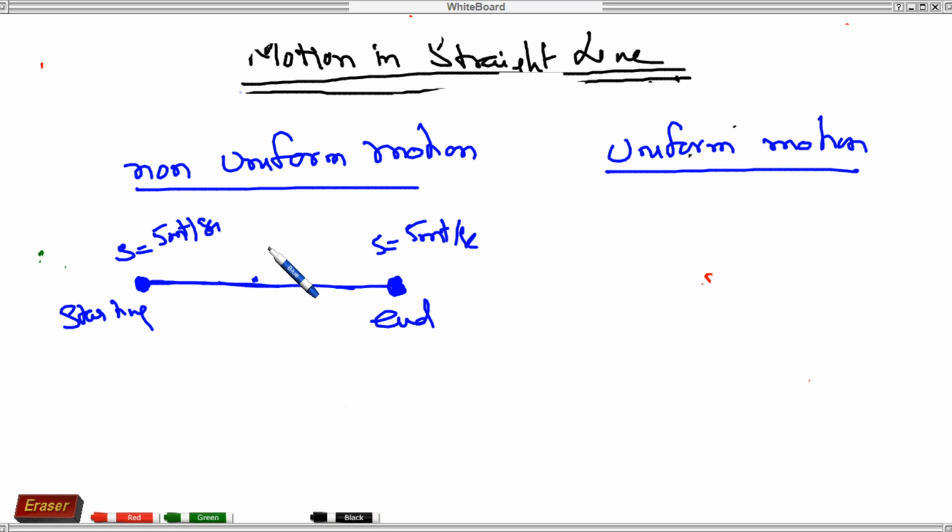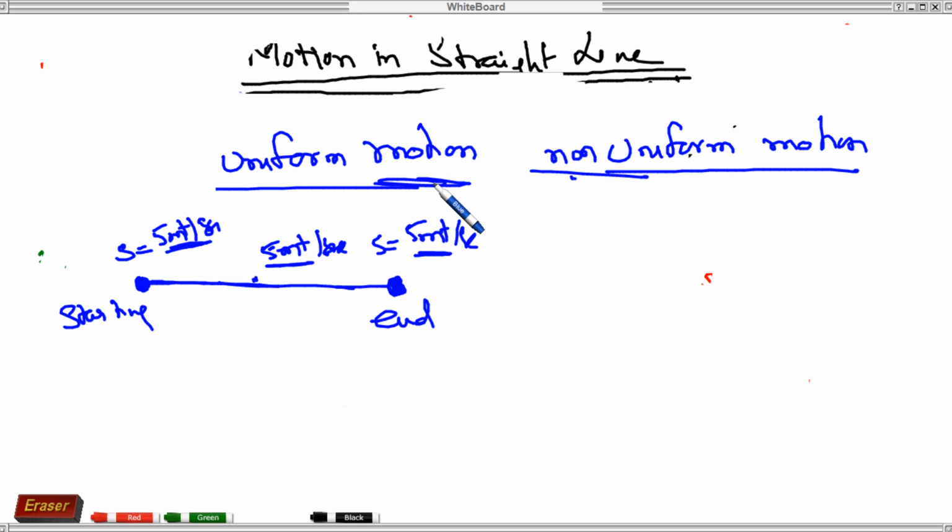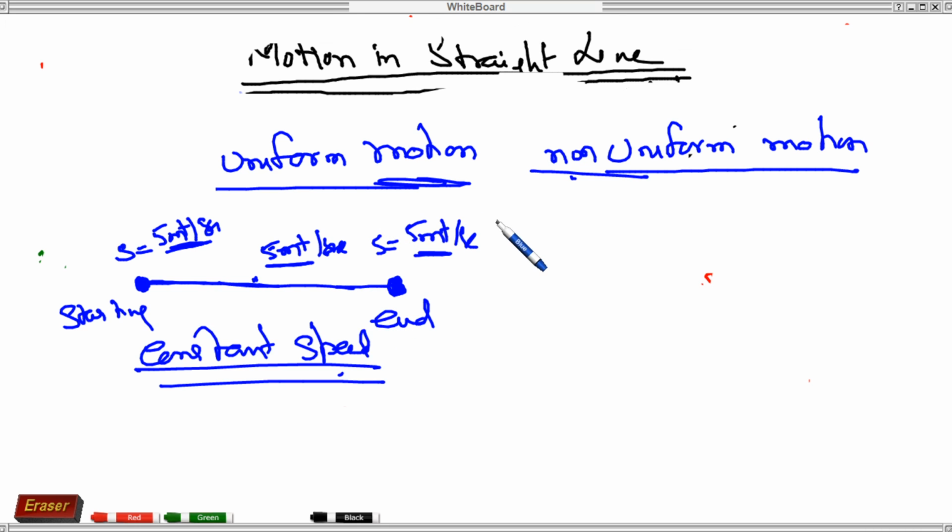At any point where we measure the speed, it's 5 meter per second. So that is a uniform motion, because the speed is constant. It's moving with constant speed.